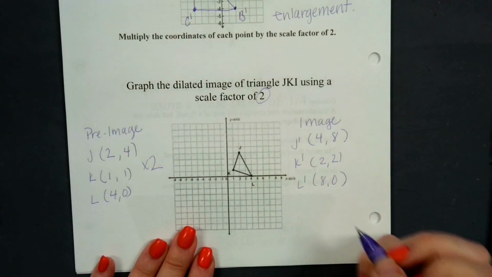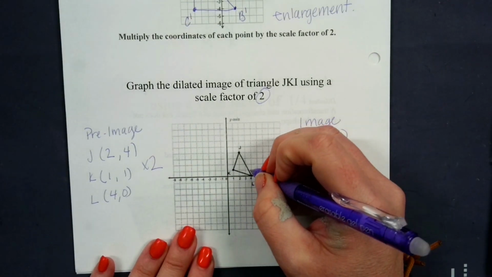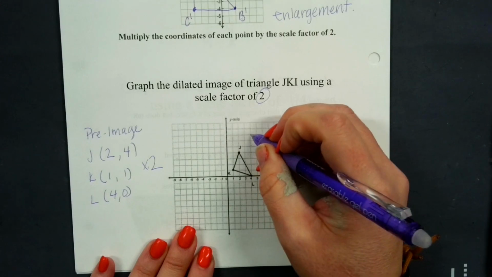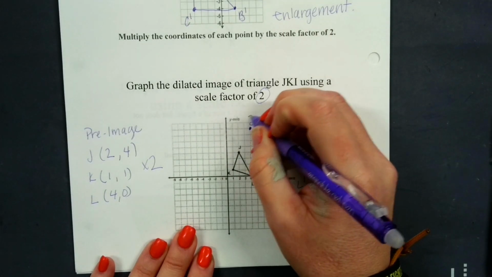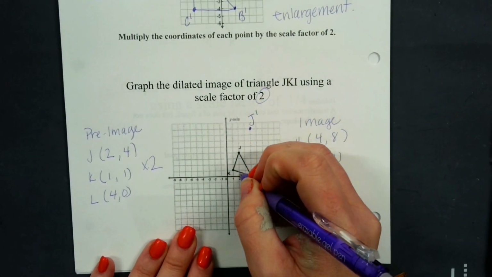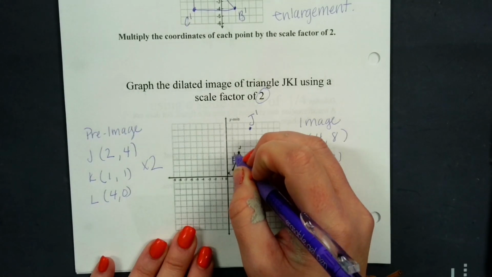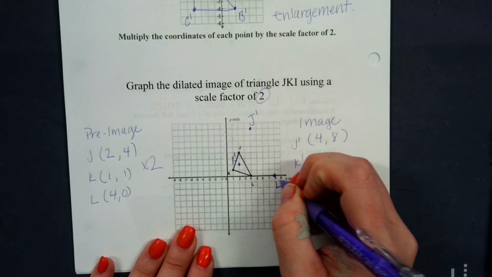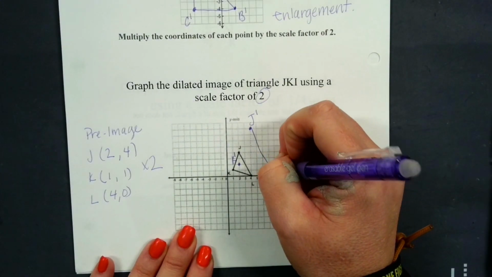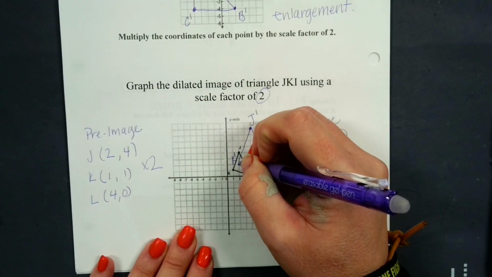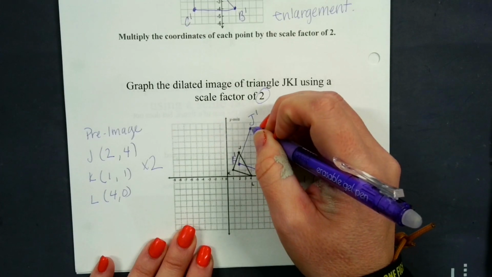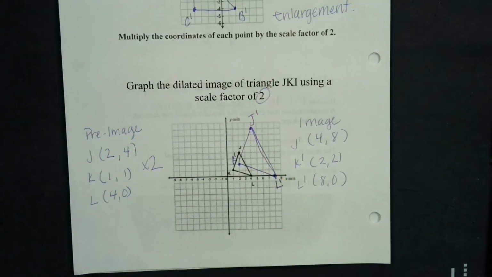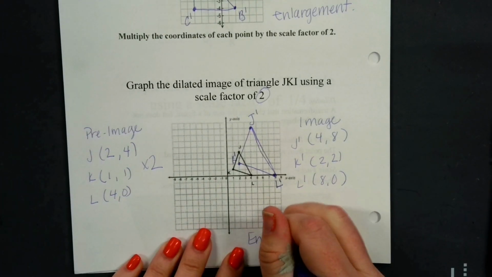So now we graph J over 4 up 8. 2, 2. 8, 0. Do you notice how it creates the same triangle, but just bigger or smaller, right? Is this an enlargement or a reduction? Enlargement.